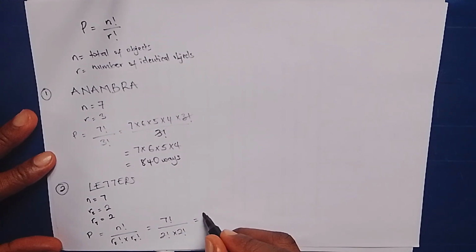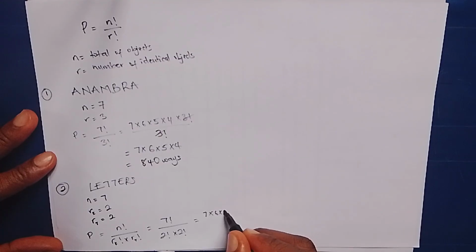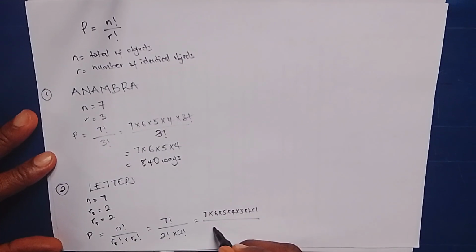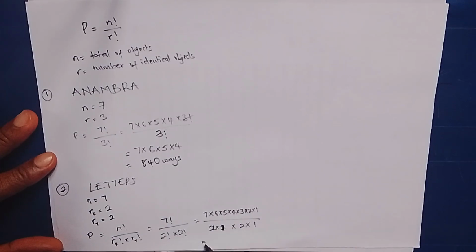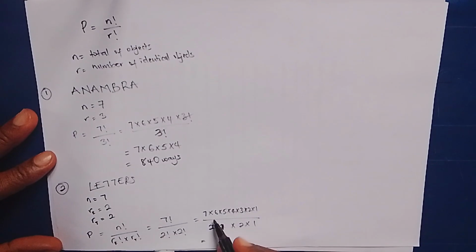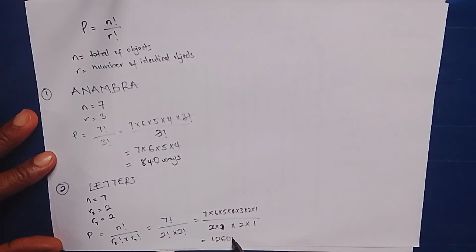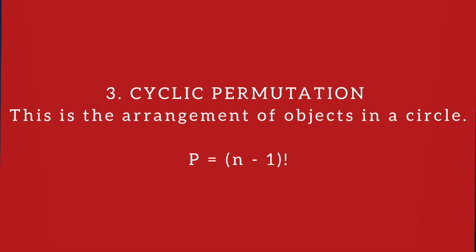You expand this and you have 7 times 6 times 5 times 4 times 3 times 2 times 1 over 2 times 1 times 2 times 1, which, by the time you evaluate all of this, is 1,260 ways, arrangements.